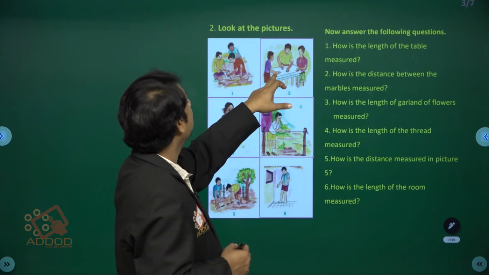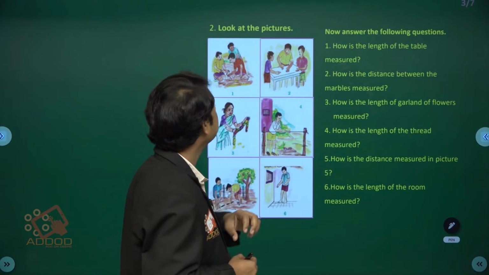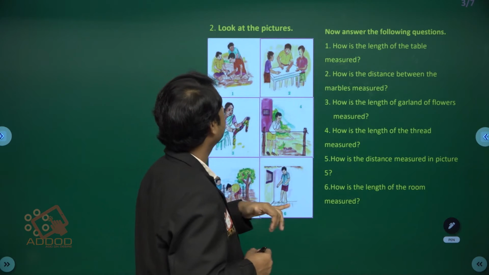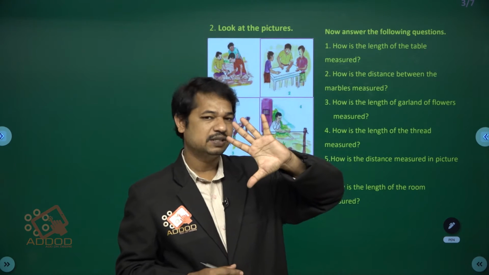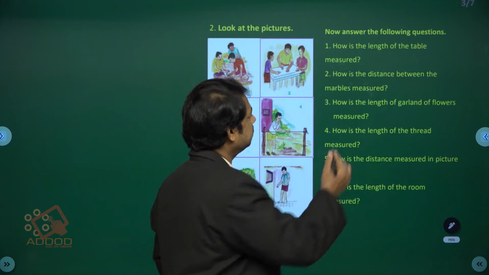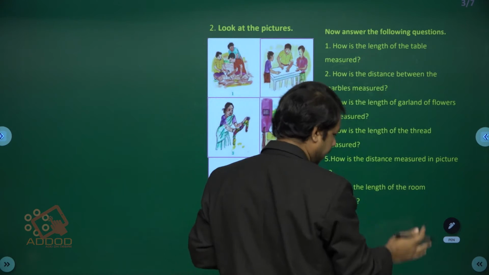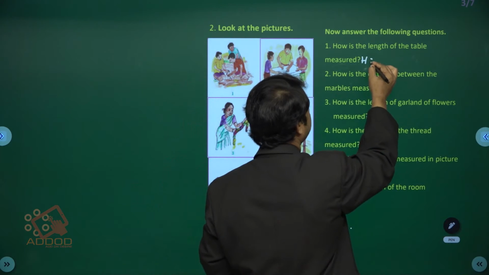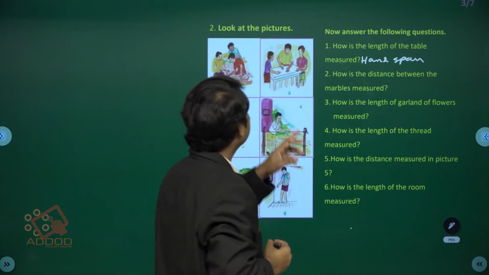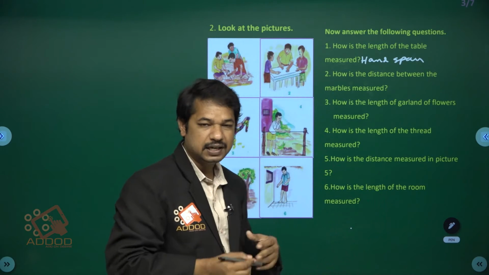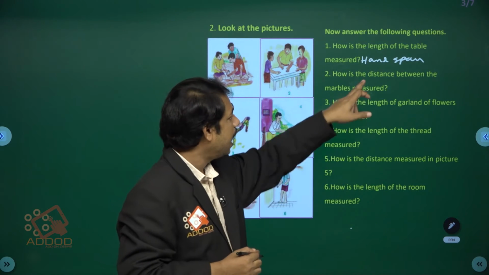So how to measure the length? What is that? Hand span. The answer is hand span here. The children are measuring this table with hand span.